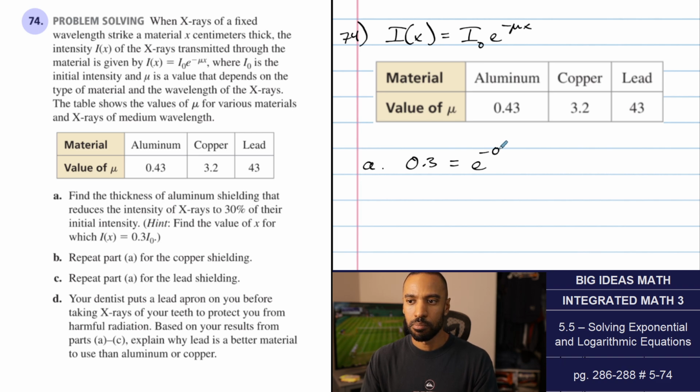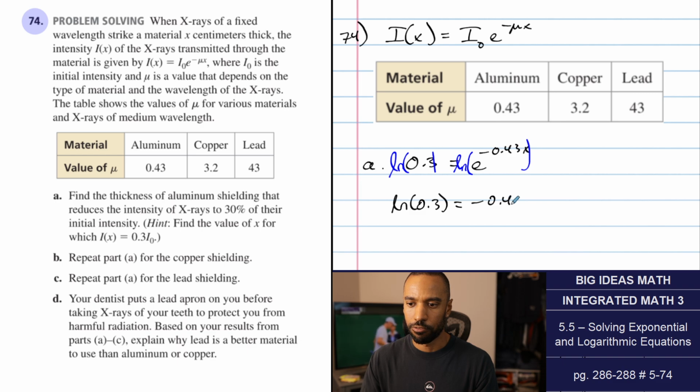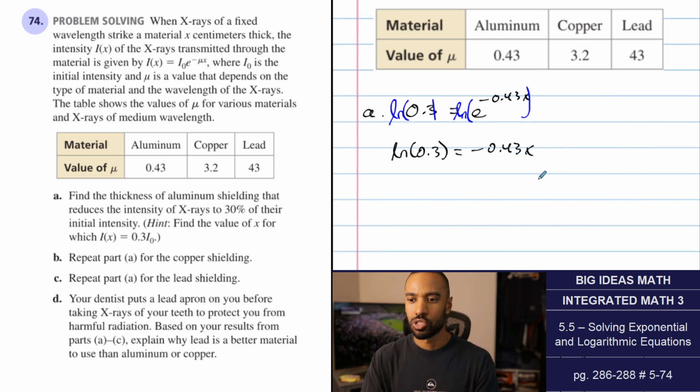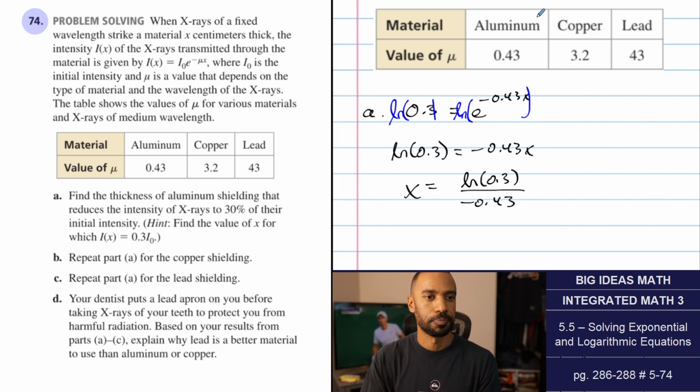So e to the negative mu x power. That's our setup. I'm going to take the natural log of both sides. I have natural log of 0.3 equals negative 0.43 times x. So x equals natural log of 0.3 over negative 0.43.